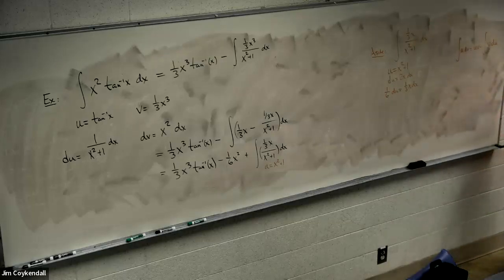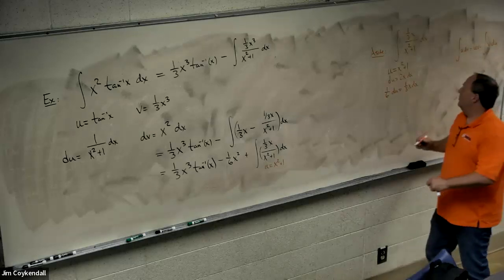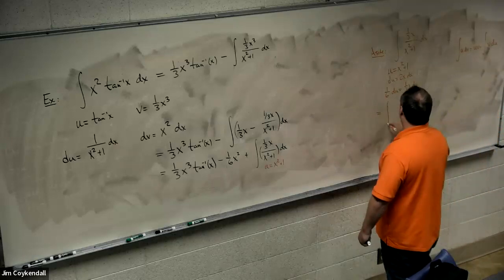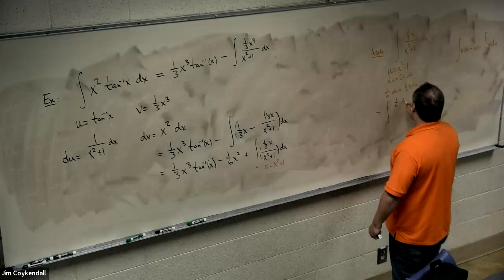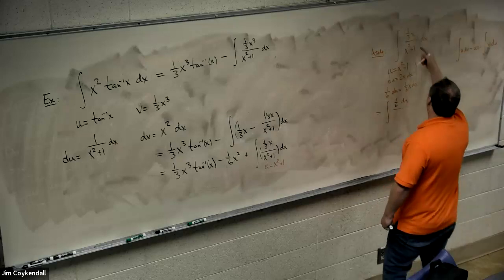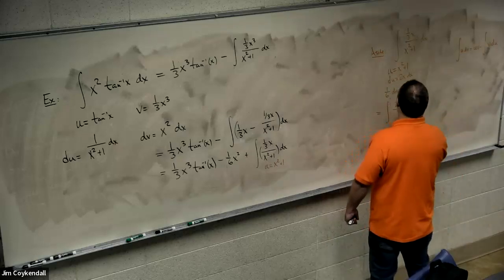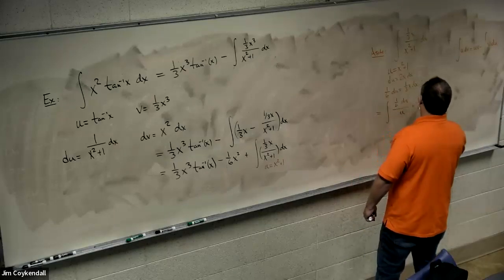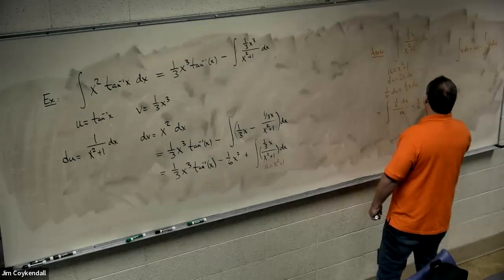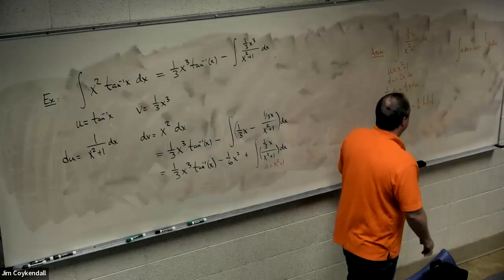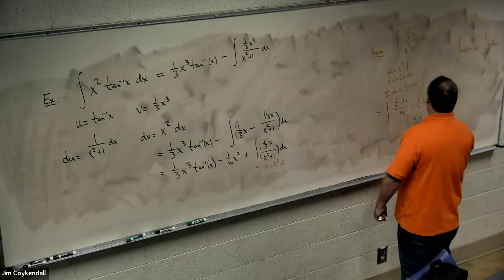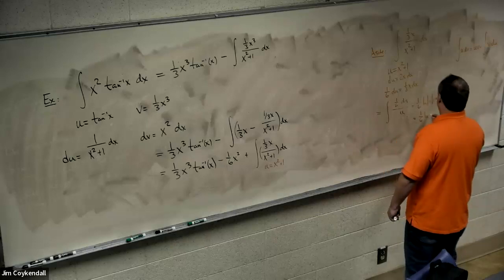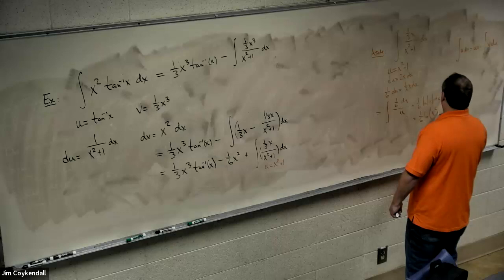Right. So this is 1/6, 1/3 x again, over here. 1/6 natural log absolute value, and this is 1/6 natural log of x squared plus 1.